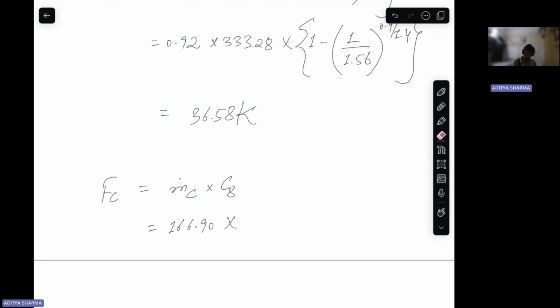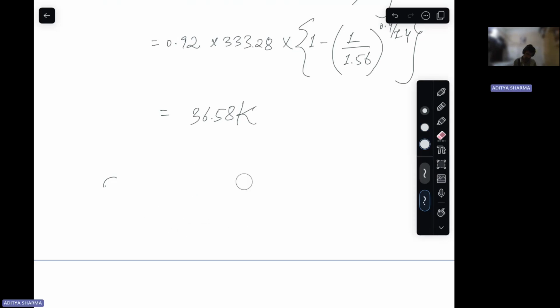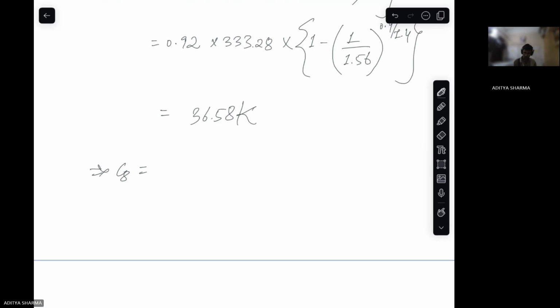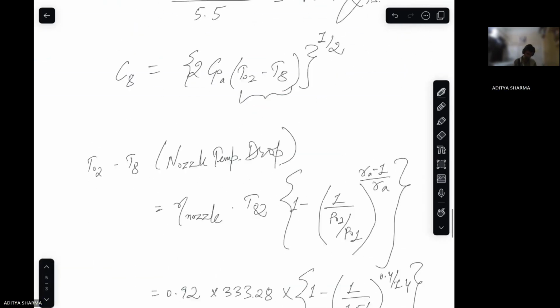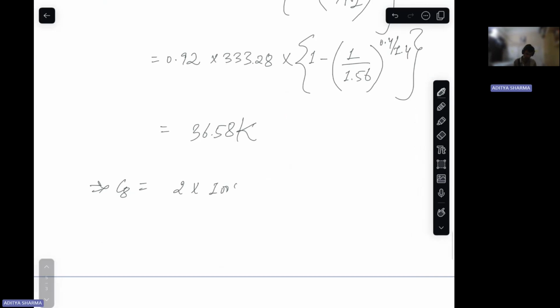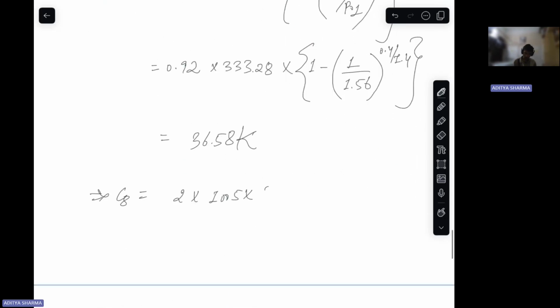You are still left with calculating the C8. So implies C8 is equal to the square root of 2 into CPA, which is 1005, into this temperature difference, which is 36.58.